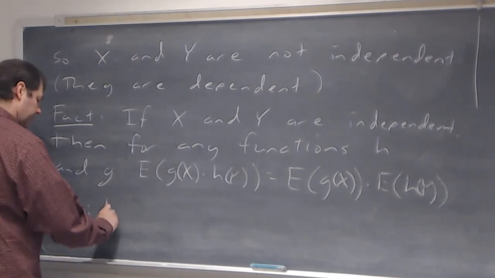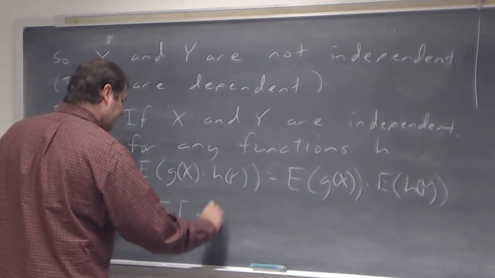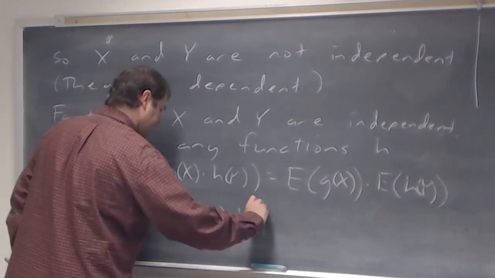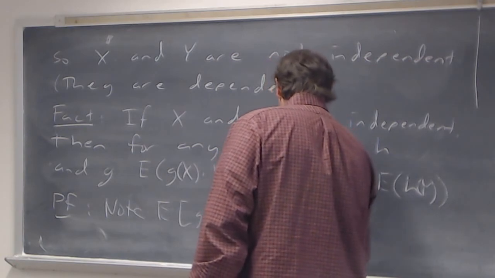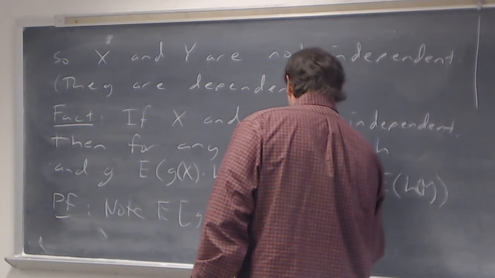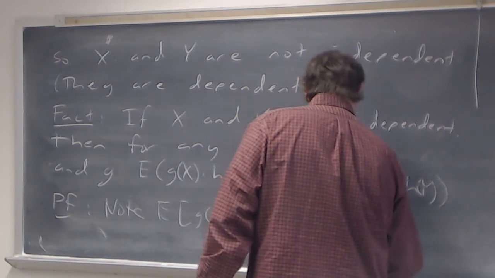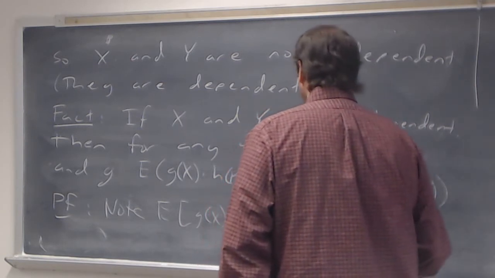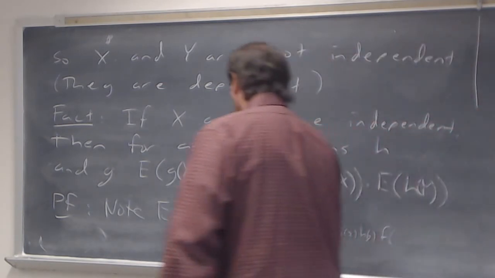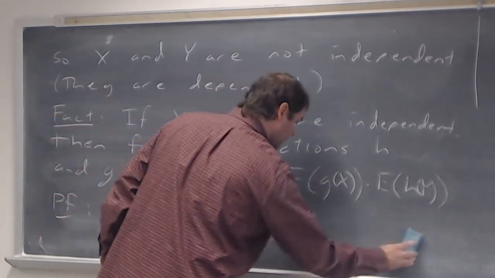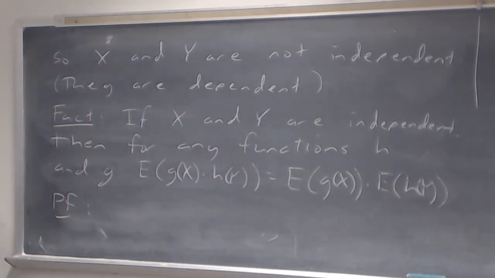So here, note the expected value of g of x times h of y would be the double integral from minus infinity to infinity of g of x, h of y, times the joint PMF. I should back up for a second. That's what we would do if they were continuous.